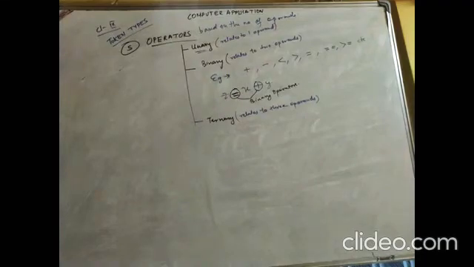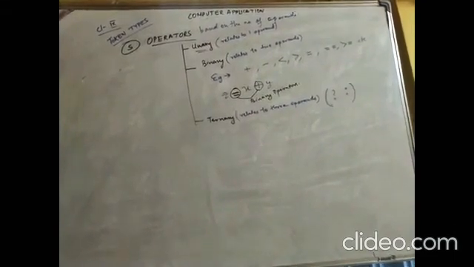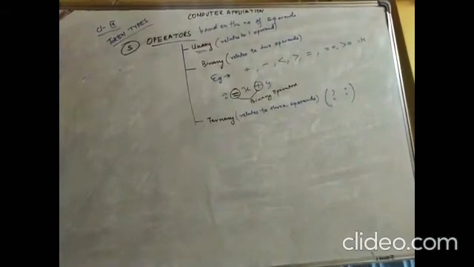Clear? Understood? So operators which relate to two operands are called binary operators. The last one is your ternary operator, which relates to three operands. This is a special type of operator, the question mark and colon.